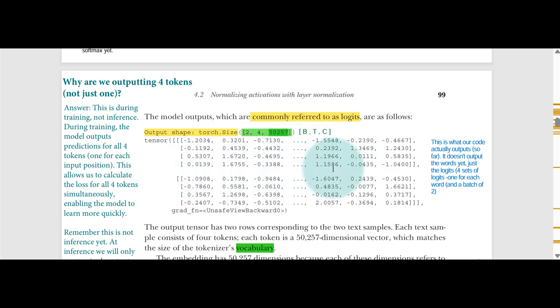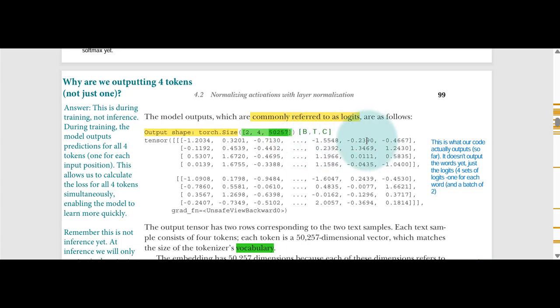What's going to come out is, as I said, kind of like probabilities, though they're not really probabilities. What we want is the word or token that has the highest number here, and that's what we predict for the first element of our sequence.